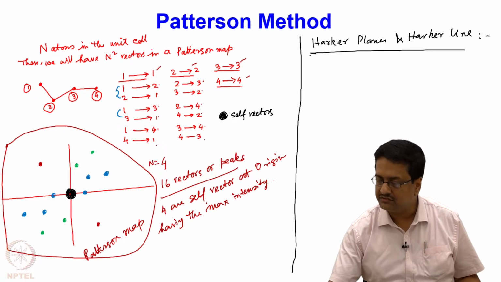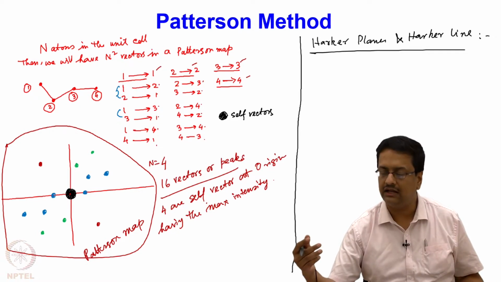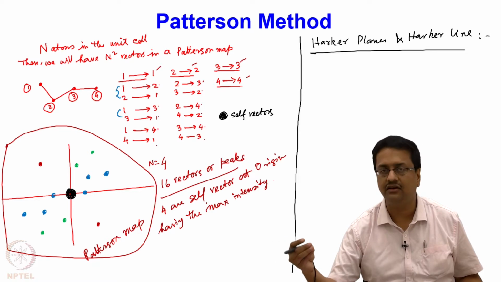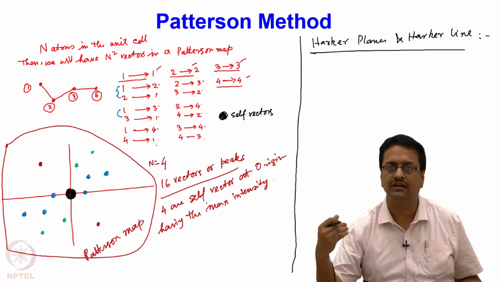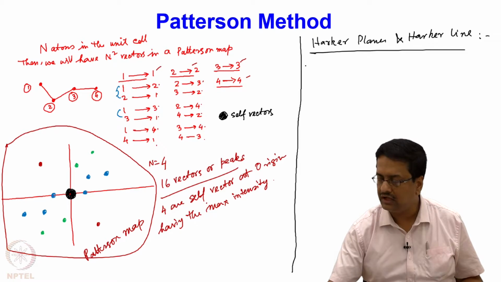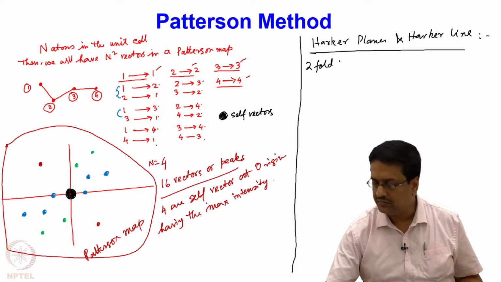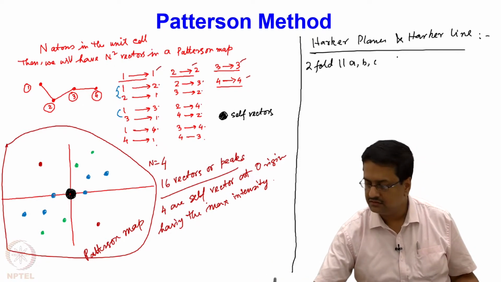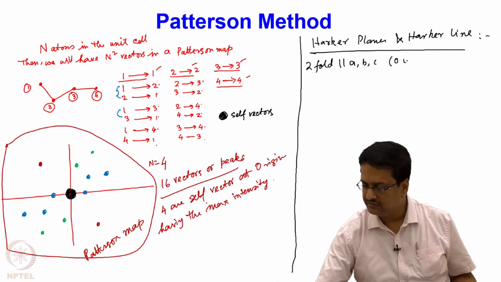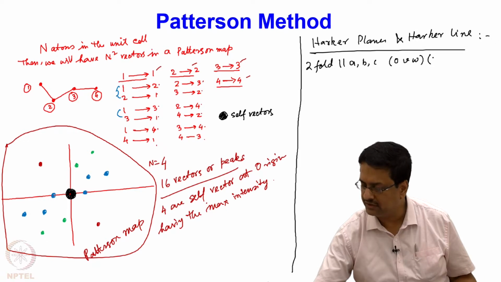So, the presence of these values at a given line or plane indicates the presence of a particular symmetry. So, if you have a two-fold symmetry parallel to A, B or C, then your vectors u, v, w will have values 0, v, w when it is parallel to A. When it is parallel to B, it will be u, 0, w.